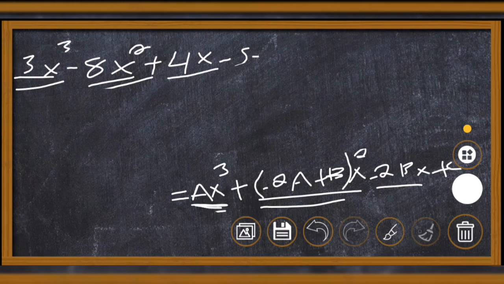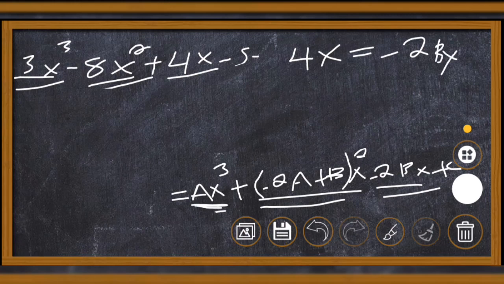Now we have solved for x squared, so let's go for x. This one here has the value of b, but we have already found b. Anyway, for the sake of clarity and practice, I will also write that. The one that has x here is 4x, and the one that has x here is negative 2b, which of course has x.